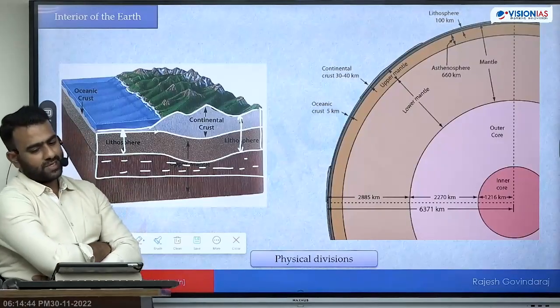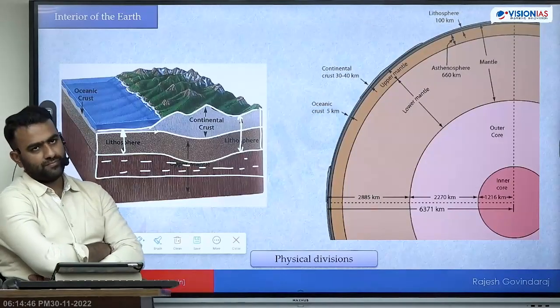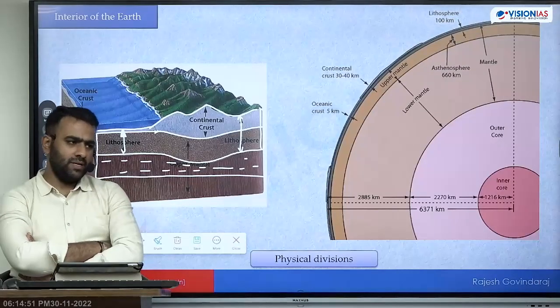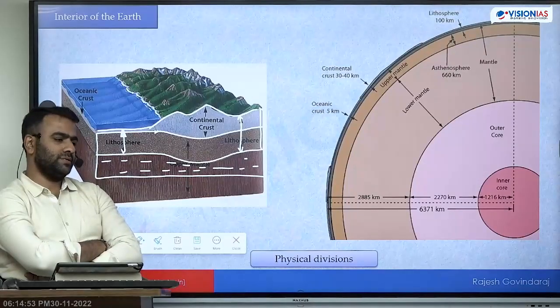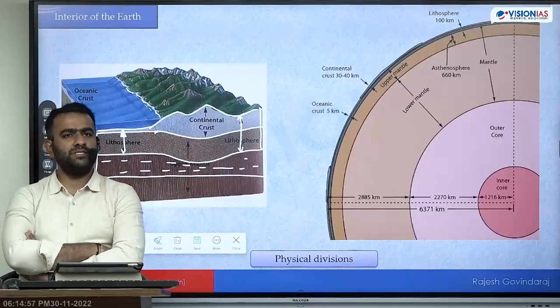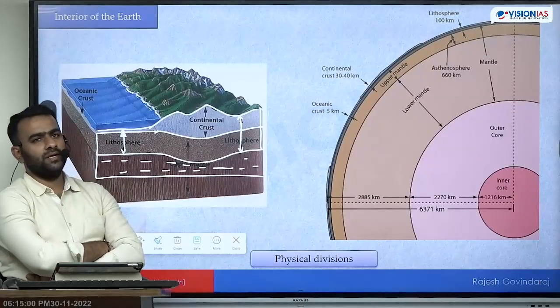Next point, the thickness of lithosphere is nearly 100 kilometers.